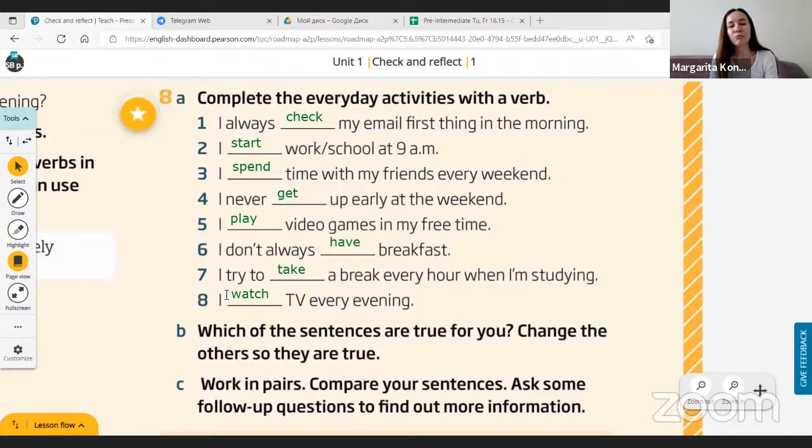I don't always have breakfast. Well, I try to have breakfast every morning. I think it's healthy. How about you? I always have breakfast. What is your typical breakfast?